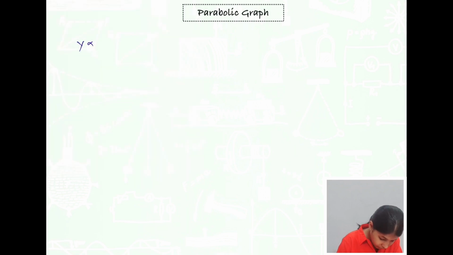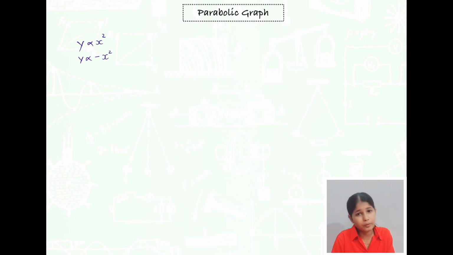If y is directly proportional to x whose power is 2, okay, this is more than 1. So x whose power is more than 1, that is 2. If y is directly proportional to minus x raised to the power 2, meaning the power is the same, but here the x was positive, here the x is negative.